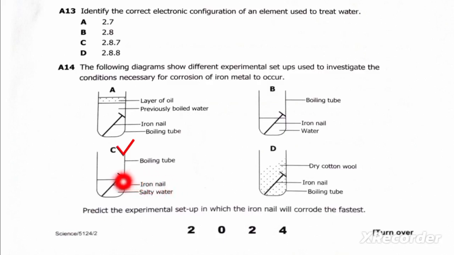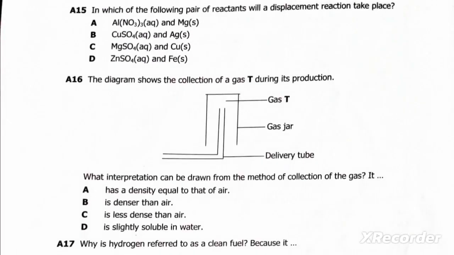In this experimental setup, the iron will corrode the fastest. Our correct answer is C. We move to the next question, which is question A15.